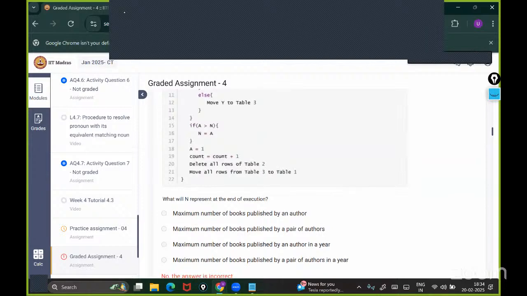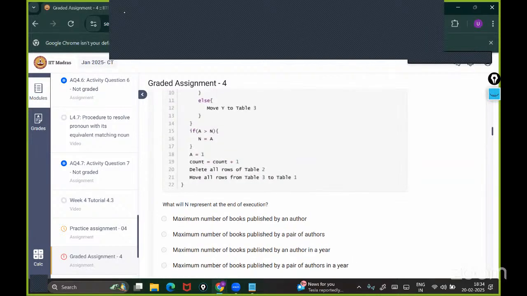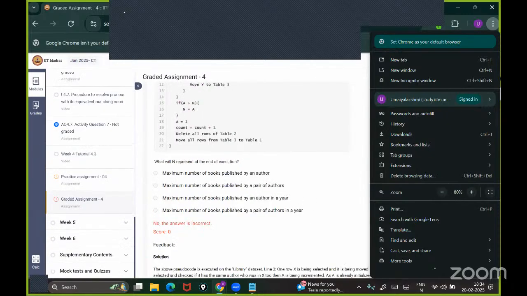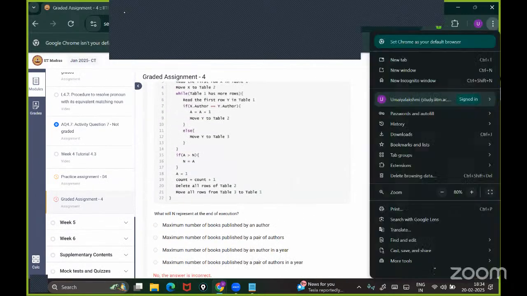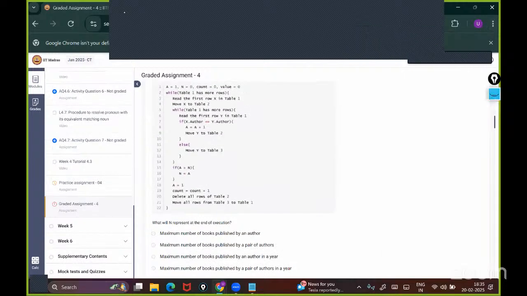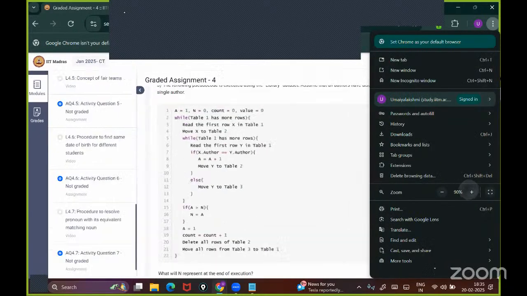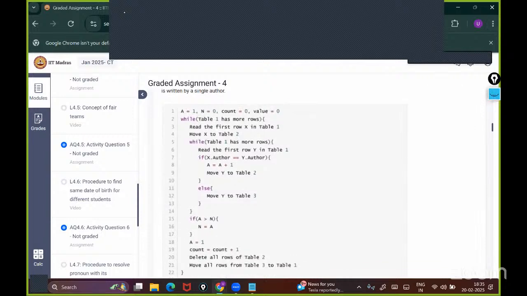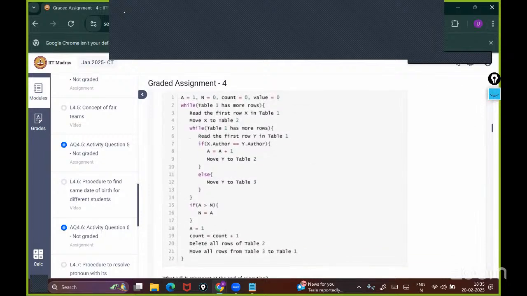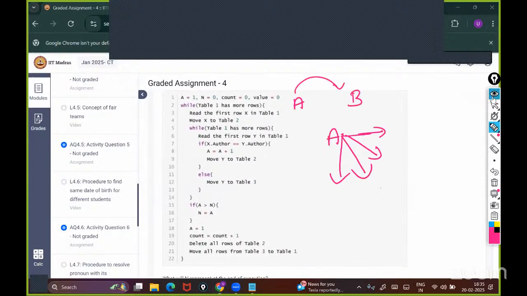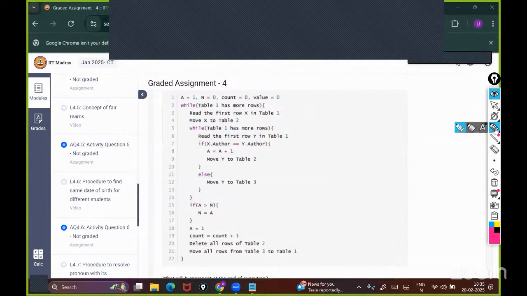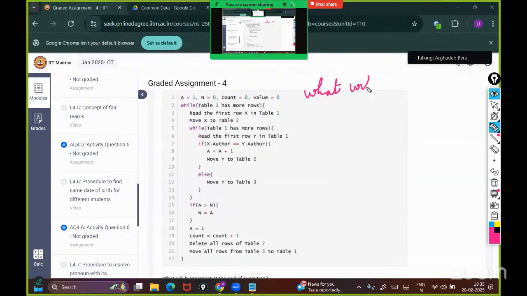What will n represent at the end of the execution? It represents the maximum number of books published by an author.